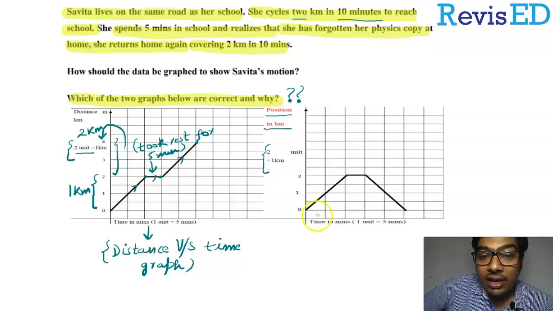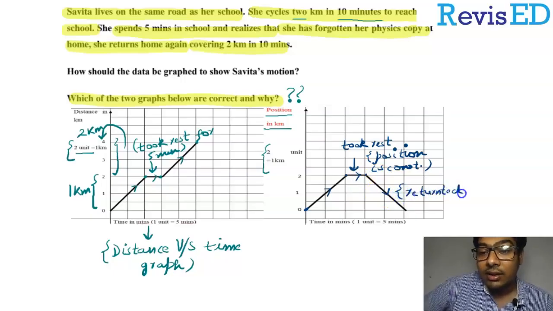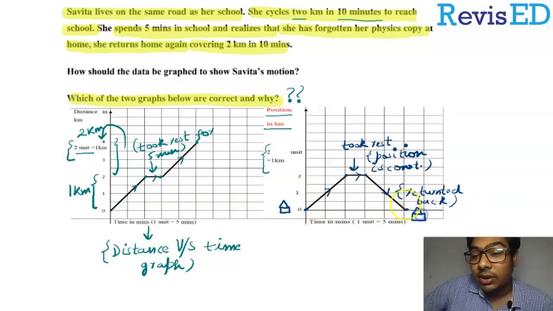Now we are understanding the position versus time graph. She started from the initial position, took a rest in between, and now she will be returning to her home. When she took rest her position does not change and remains constant, and then she moves in this path, which represents that she has covered an equal distance but has returned to her initial position.